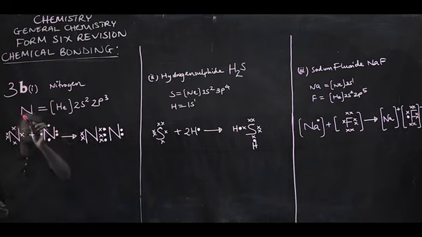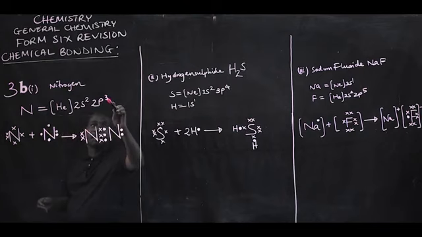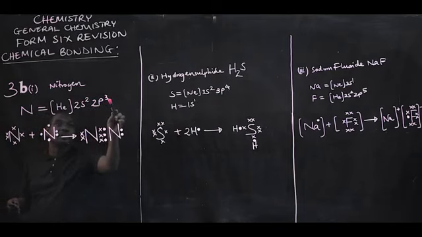From the electronic structure of nitrogen, the outermost shell, or valence shell, of nitrogen has 2 electrons in the 2s orbital and 3 electrons in the 2p orbital. So nitrogen has 5 outermost valence electrons.